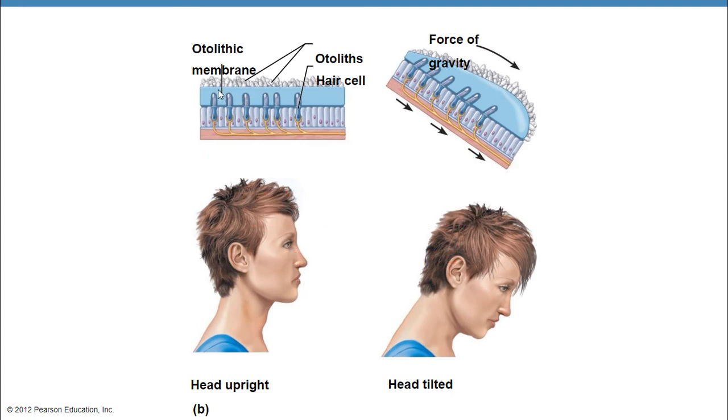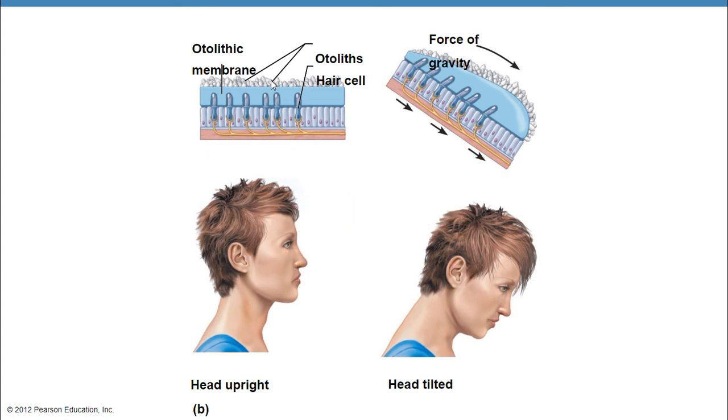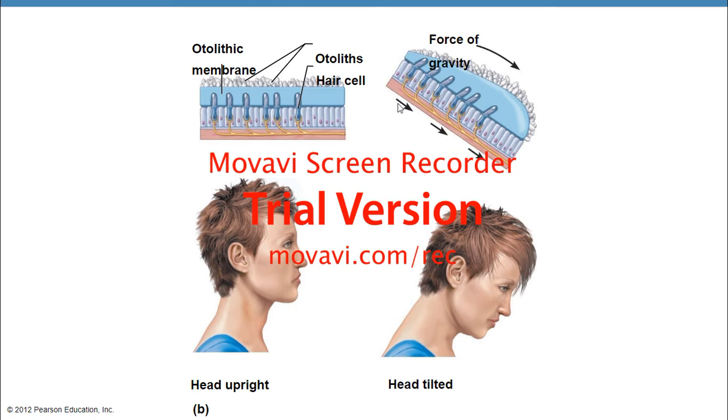And then you have this otolithic membrane, a gelatinous material containing small grains of calcium carbonate, which are the otoliths. So what happens is when the head moves, as you see in this figure, the otoliths are going to move in response to variation in gravitational pull.